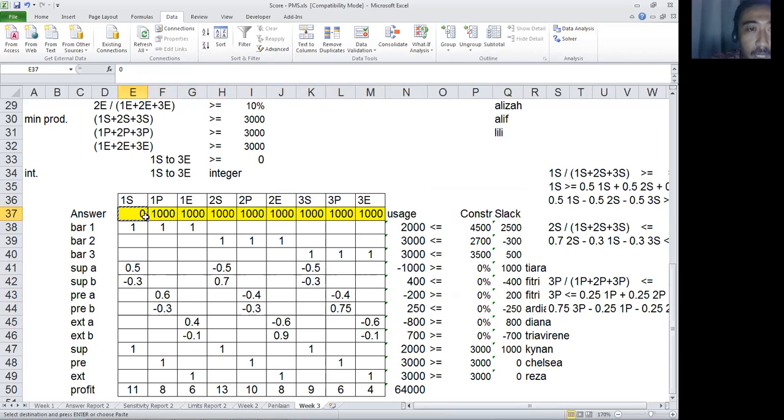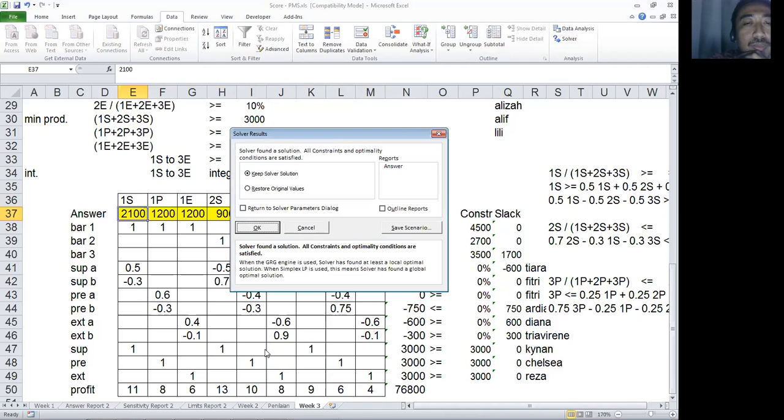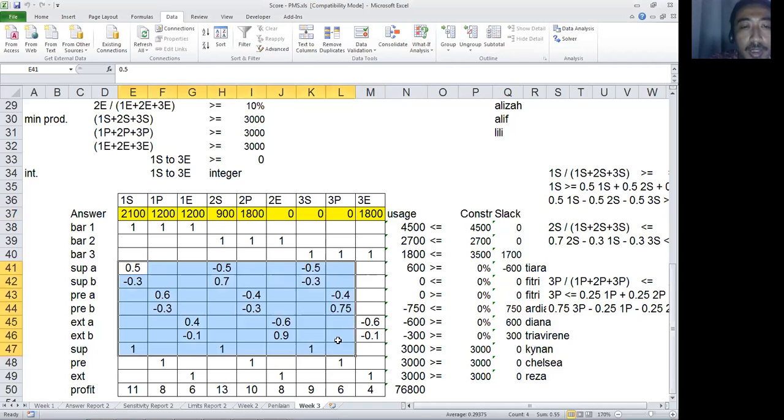Let's try this. We start from 0 and try to resolve it again. Maybe it will work. Let's see, solve. No, still not working. Maybe there is something wrong here. I will check it next week. Okay, any other question?